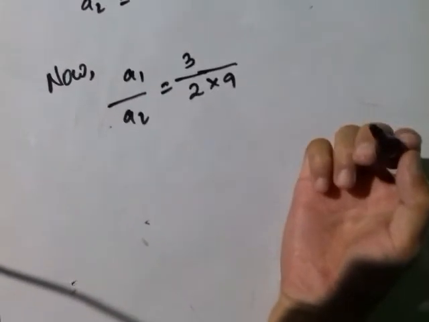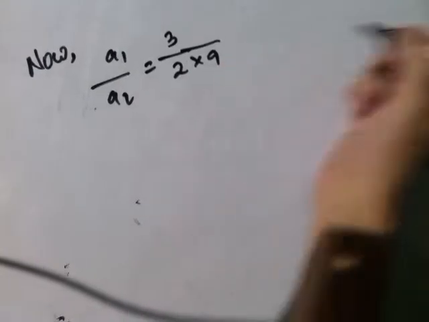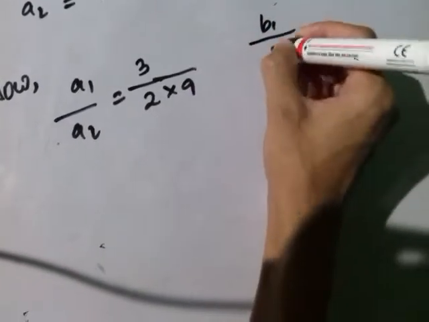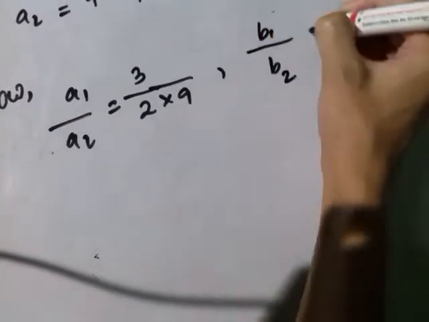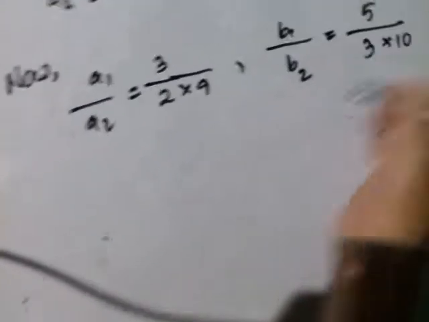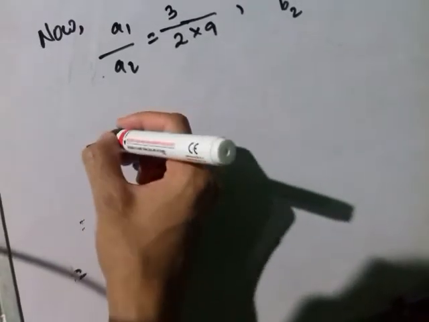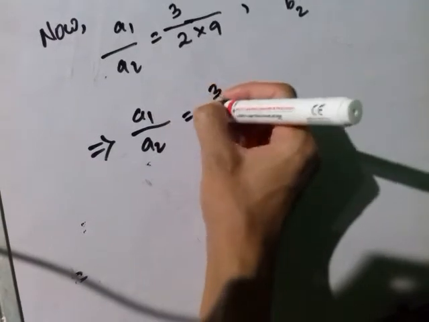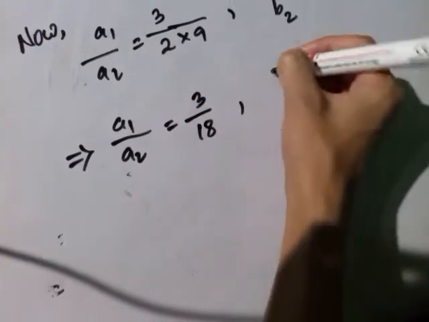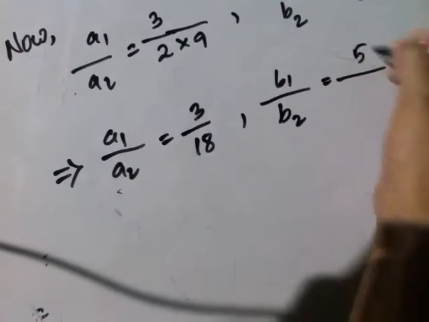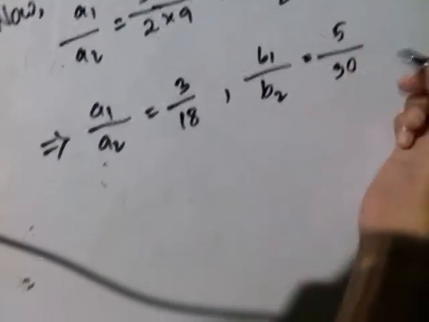After that, b1 by b2. How much will it be? This one, 5 by 3 into 10. So here a1 by a2 equals 3 by 18, and b1 by b2 equals 5 by 30.